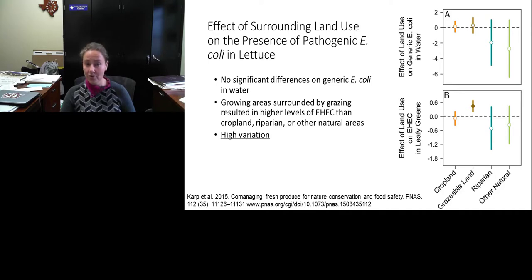What I find more interesting from this data set is that they found growing areas surrounded by grazing land resulted in higher levels of enterohemorrhagic E. coli than cropland, riparian zones, or other natural areas. So what we're looking at here is this little brown bar that's higher than all the other bars.